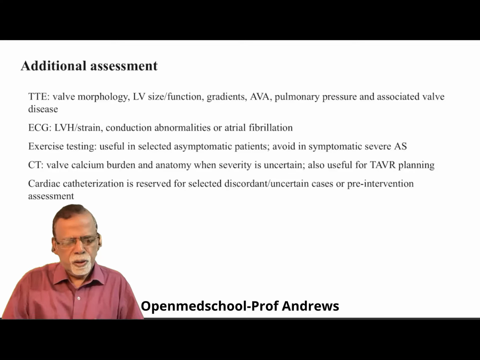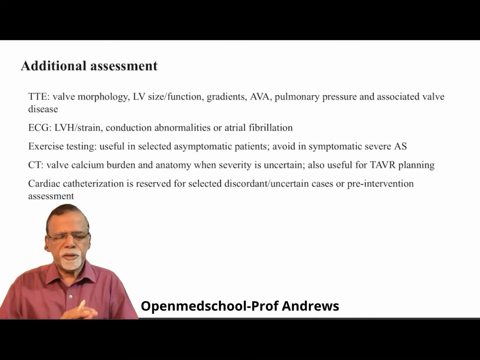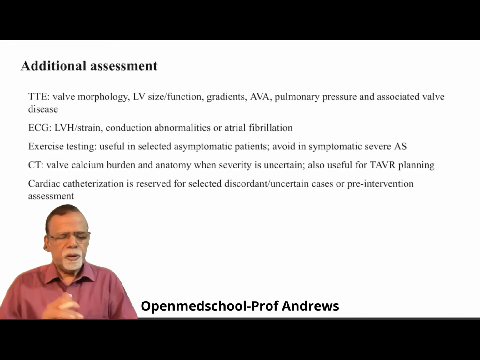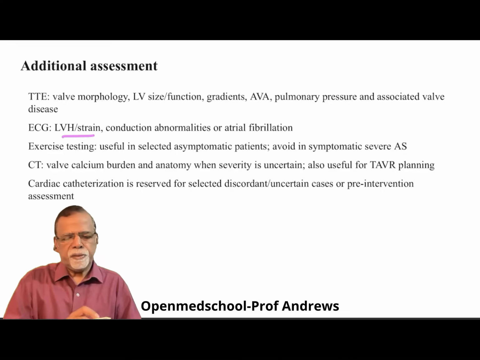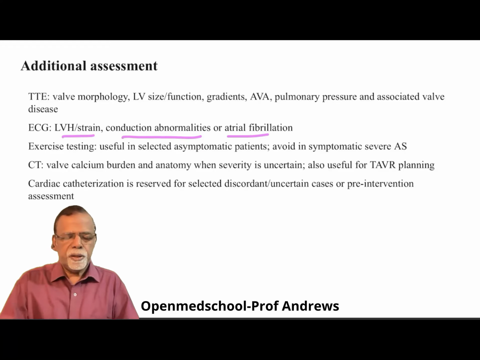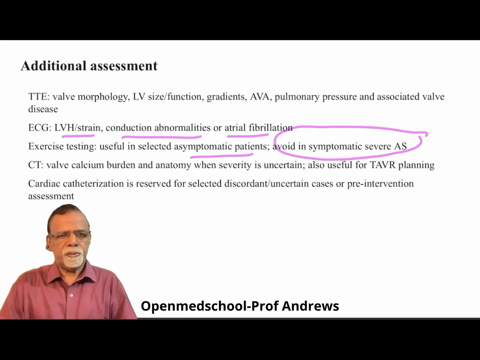So the transthoracic echocardiography will identify the morphology, LV size, function and gradients. ECG can be used to assess the LVH and the strain, conduction abnormalities or atrial fibrillation. Exercise testing may be done in selected asymptomatic patients, but it should be avoided in severe symptomatic cases.